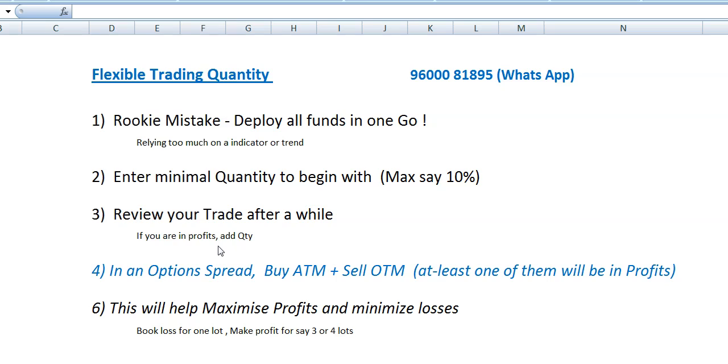Preferably you want to add quantity on the side where you're making profits. Let's say you don't have budget for selling, you have only options buying, so it can either be in profit or loss after, let's say, 3-4 hours. You should add quantity only if you are a purely option buyer or just equity buying, and only if your overall position is in profits.